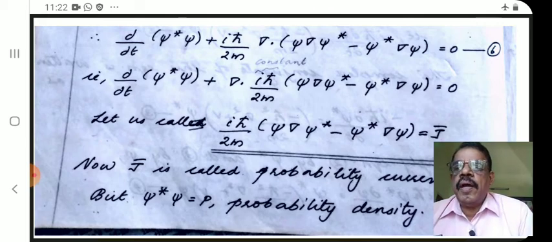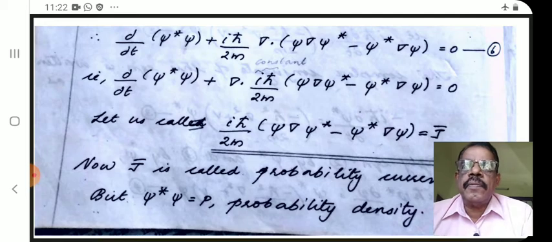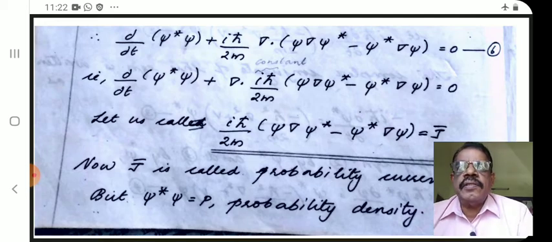Inside the bracket, the minus term is written last: ψ del ψ* minus ψ* del ψ equal to 0.